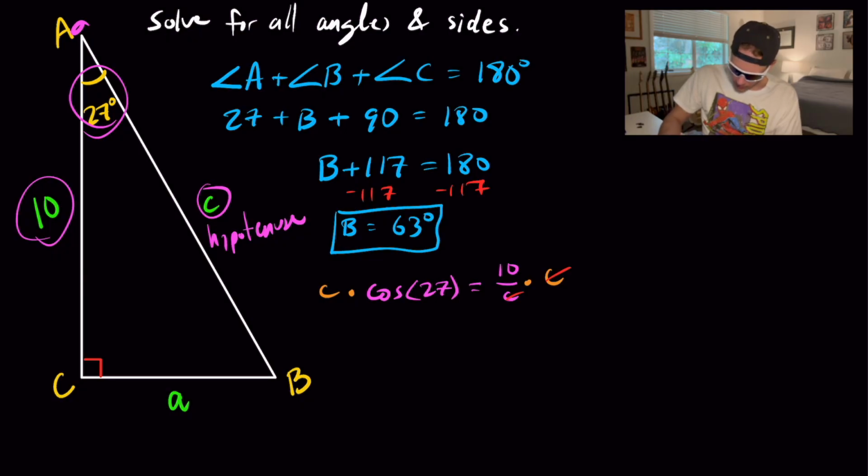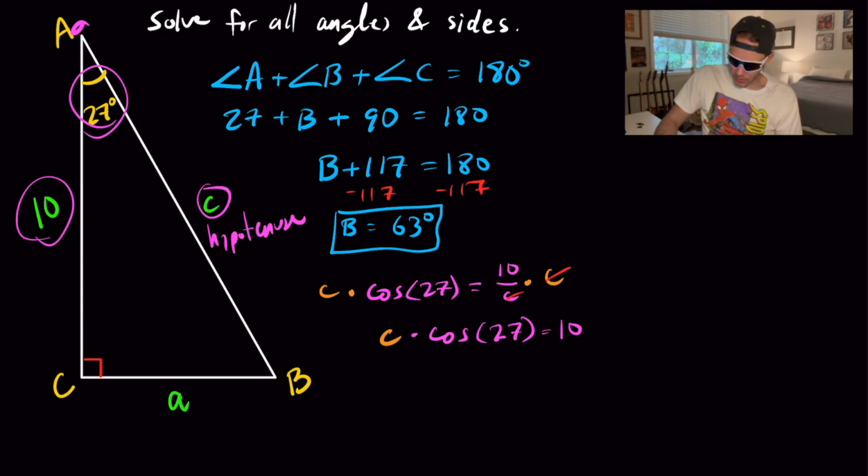And what we'll have is, we'll do C times cosine of 27 is equal to 10. Okay, well, we want to solve for C, so it's being multiplied by cosine of 27.